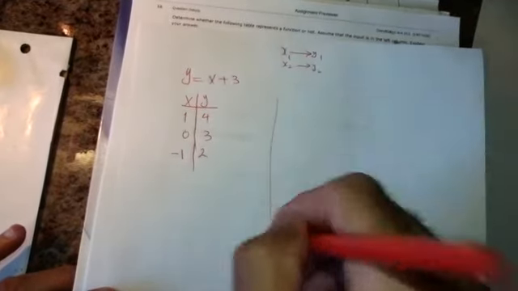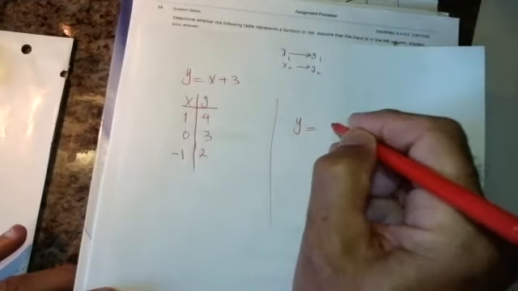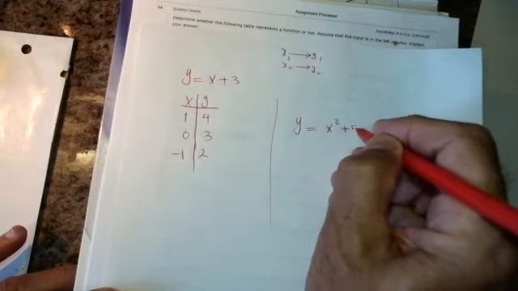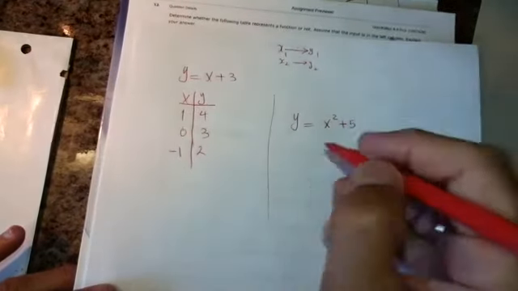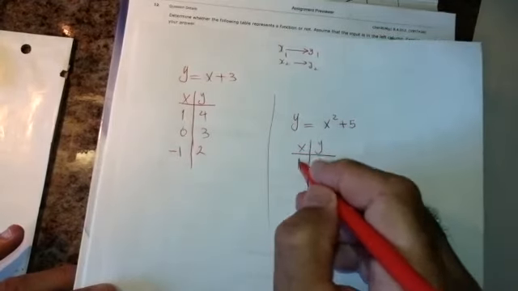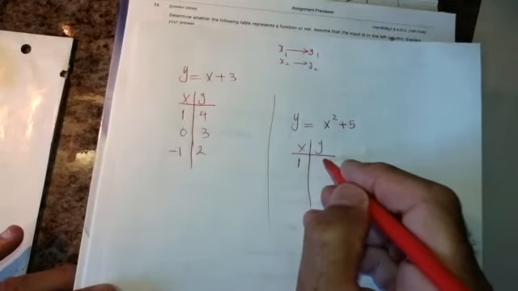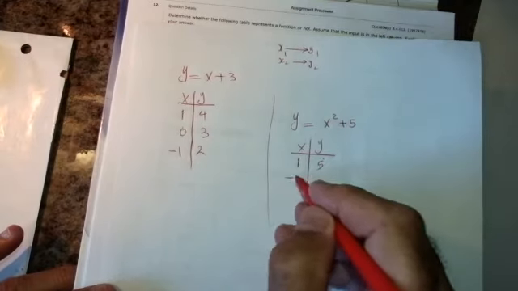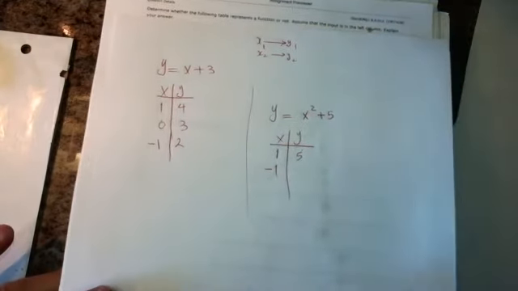Well, let's look at this equation. So here, let's pick some numbers. X equal 1, y is 1 to power of 2 is 1 plus 5, which is 6. How about x equal -1? What happened when x equal -1? Let's try.